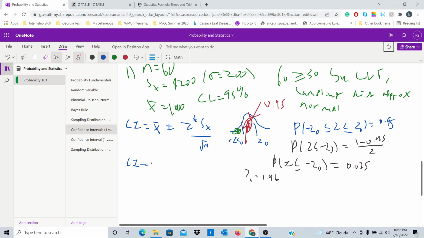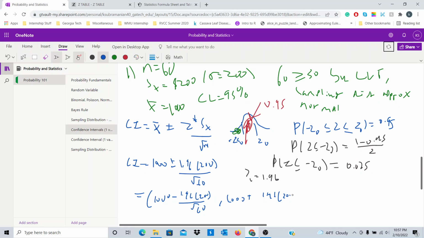The confidence interval is going to be 1,000 plus or minus 1.96 times 200 over the square root of 60. Evaluating this out, our interval is going to become 1,000 minus 1.96 times 200 over the square root of 60, comma, 1,000 plus 1.96 times 200 over the square root of 60.